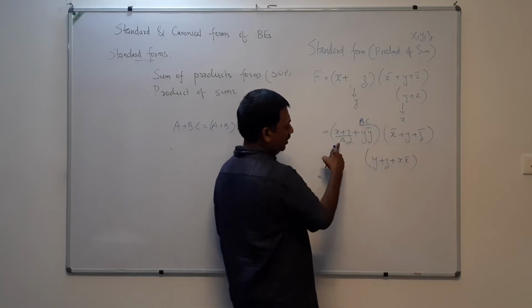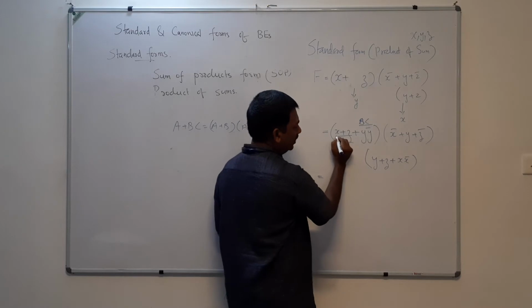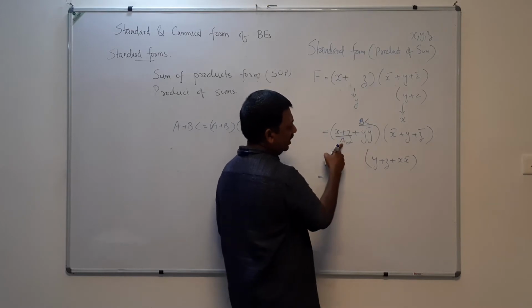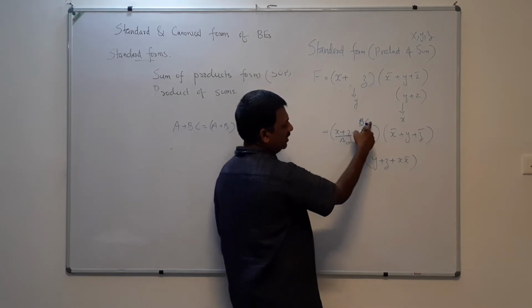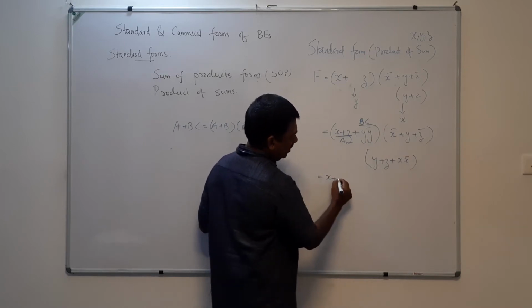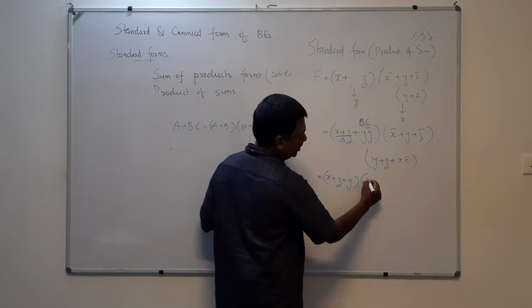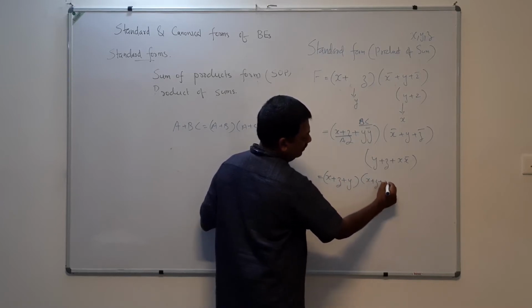Then what will happen? X plus z plus y bar. Then you have to treat this x plus z as a and y bar as bc. Then this is x plus z plus y into x plus z plus y bar.